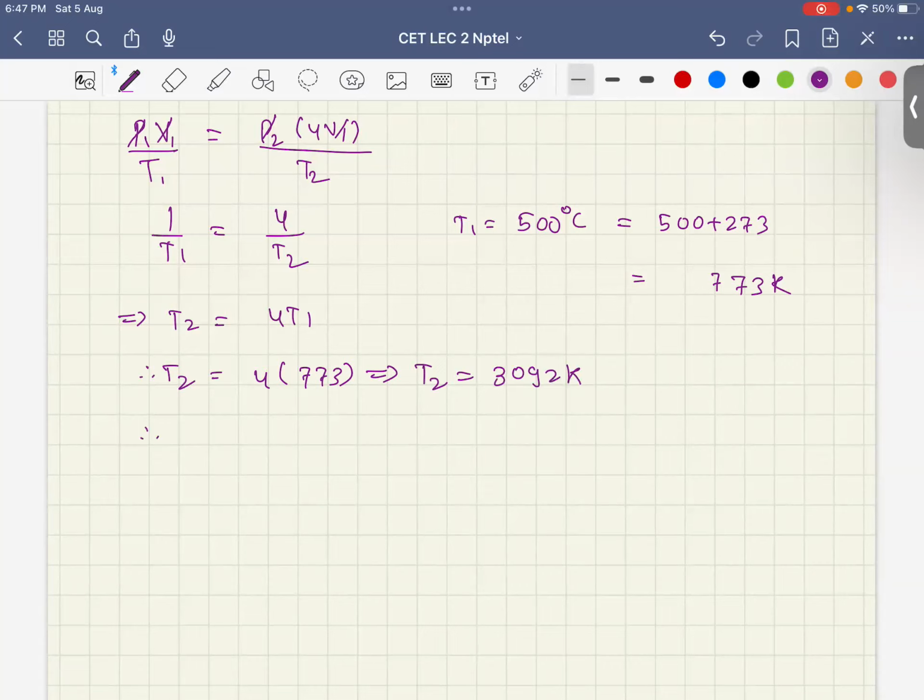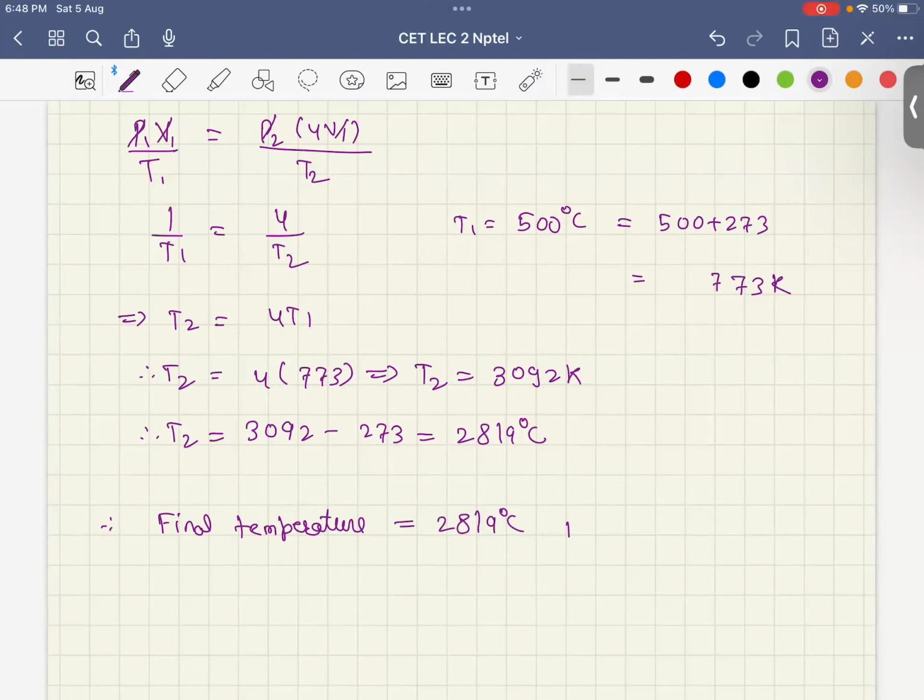And hence T2 is 3092 minus 273, which is 2819 degrees centigrade. Therefore, the final temperature is 2819 degrees centigrade. That is option C, I think.